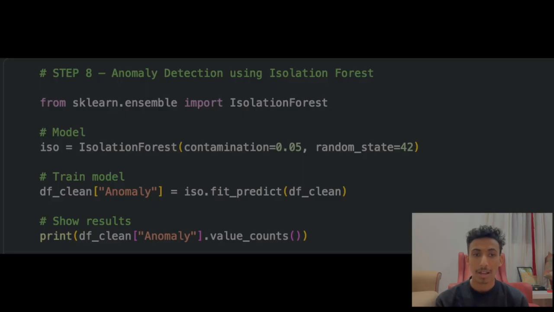Step 10. Anomaly detection. In this step, I apply the Isolation Forest algorithm to detect the anomalies in the dataset. Anomalies are unusual or rare cases that are very different from the rest of the data. The idea of this algorithm is to isolate these rare points by treating them differently from normal data.